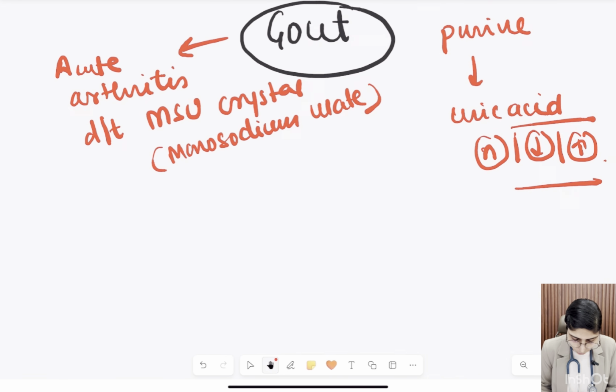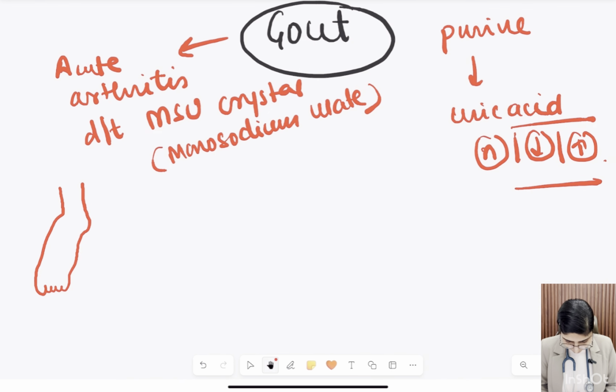Okay, so what are the joints that are involved in gout first? Pardon my drawing. But if we talk about these joints here, this is a foot. Looks like a swollen foot, but okay, this is the foot. So the most commonly involved joint is the MTP of the first toe, metatarsophalangeal joint of the first toe or the great toe.